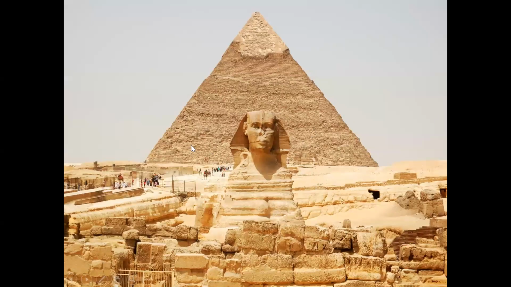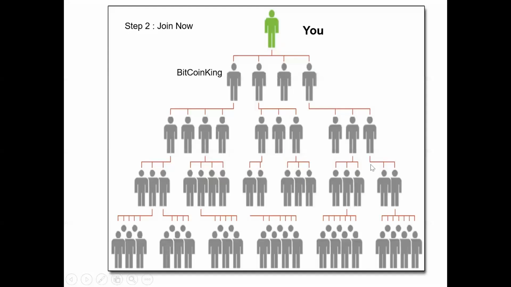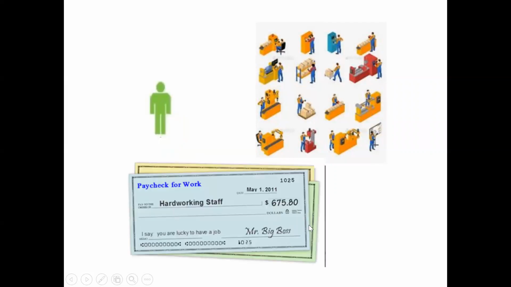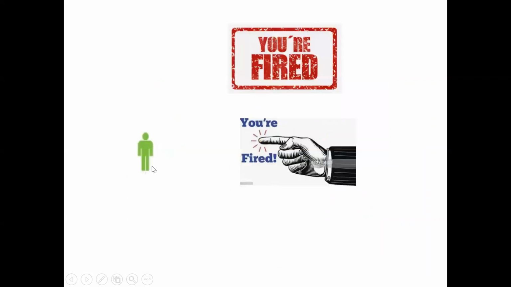Okay, so a lot of people might say, hey, I know what this is. It looks like this. Well, refer to my other video on what pyramid structure is all about. And then you will gain some real education and knowledge from that. Now, most of us do this for a living, basically basing our income on 18th century technology. Now, as I said before, if you haven't noticed, we're living in the 20th century. So rather than depending on one single paycheck, which is not very wise in this era, right?